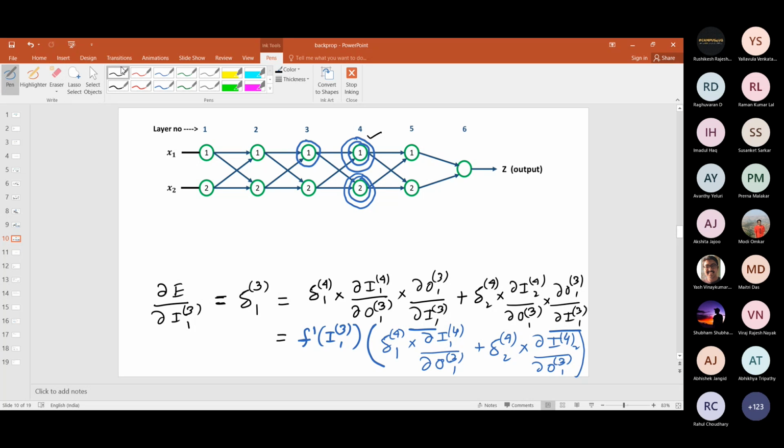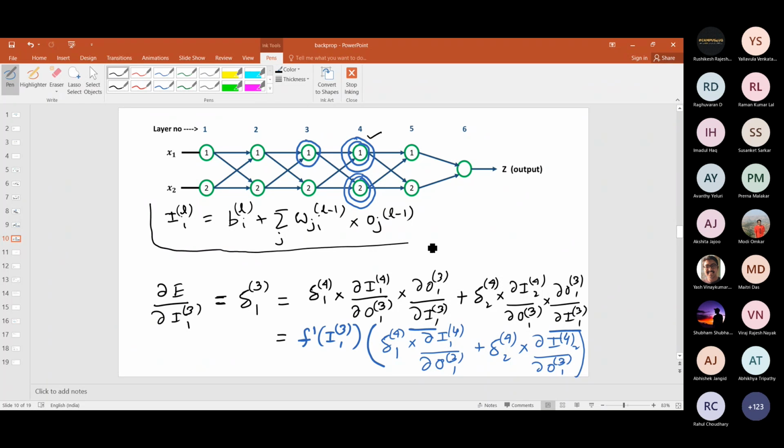Remember that the input of anything, for example here, the input ILI, is equal to VLI plus the summation over J of WJI times O J at L minus 1, something like this. That's the input that you have initially. That's the definition of the input.